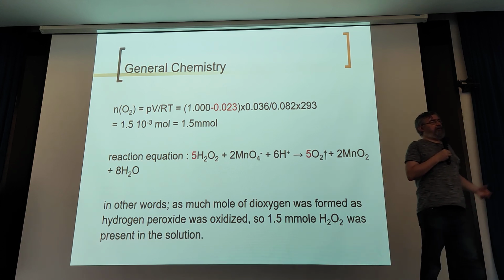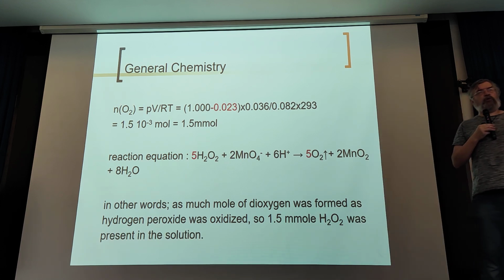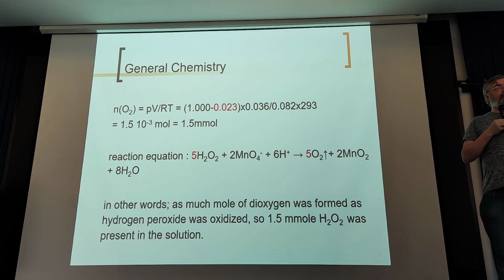The pressure was 1 atmosphere, but now you can see in the reds that we are doing a correction, because the 1 atmosphere is not only oxygen, there's a partial pressure of water. And this water doesn't come from your reaction. This is just a solvent that was evaporated.